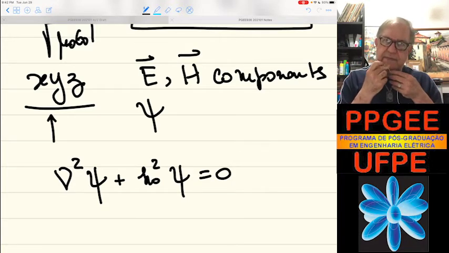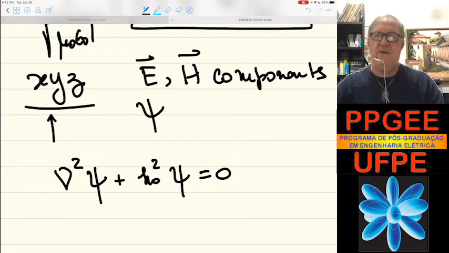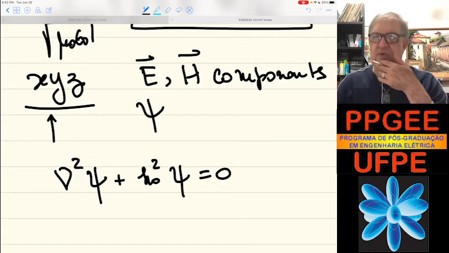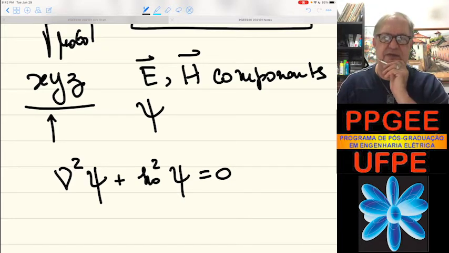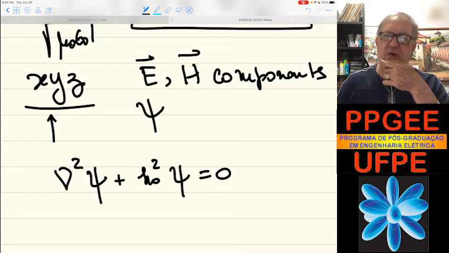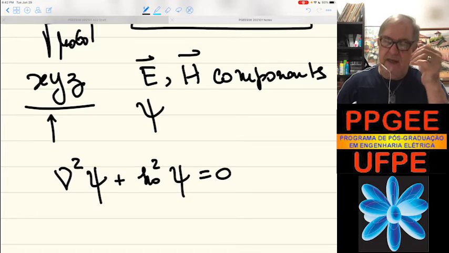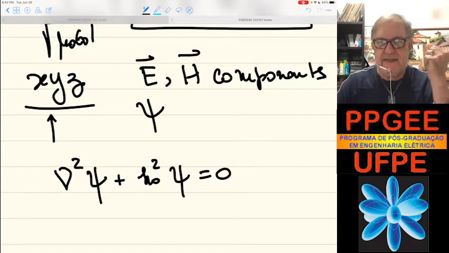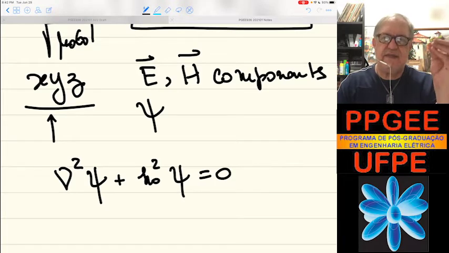So we always try to find these special solutions, which are the normal modes of the differential equations, because with those normal modes, we can build more complex solutions. For example, a sine function, a cosine function, a complex exponential function.